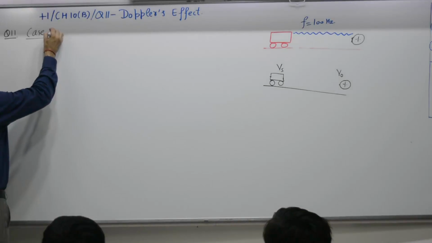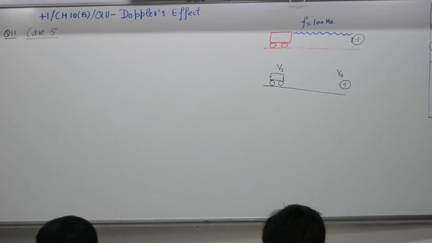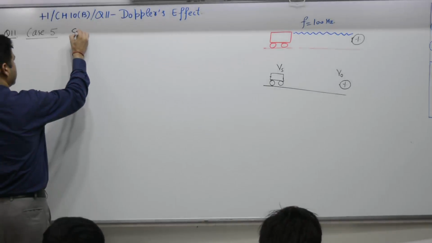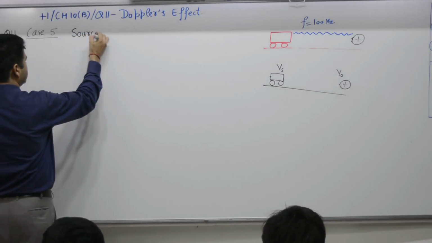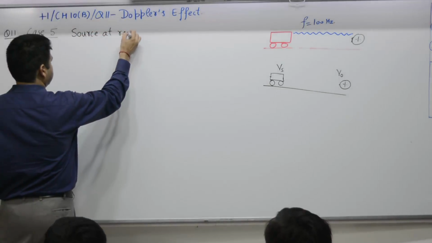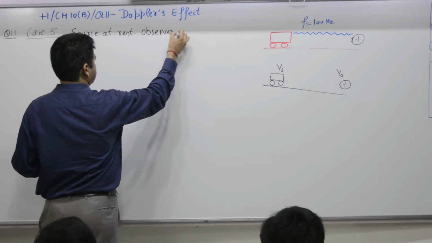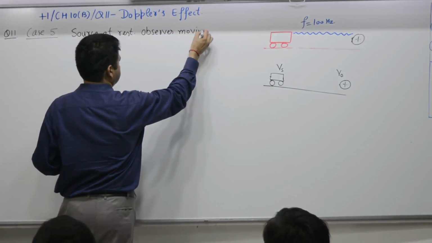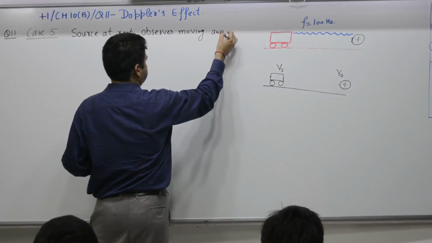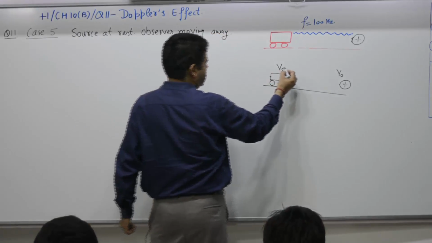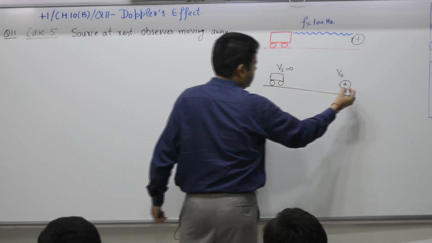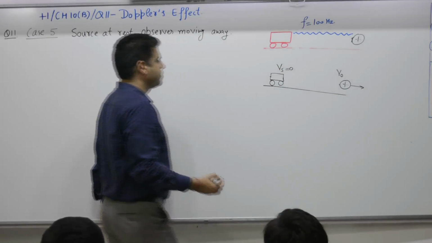Case number 5 is what? Source at rest. Observer moving away. Source is at rest. Observer is moving away.